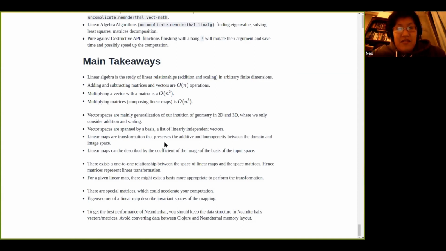A vector space is just a generalization of what you would think of as 2 dimensions and 3 dimensions, where we only consider addition and scaling. Vector spaces are spanned by a basis, so you can construct a vector space by defining the basis first, and the basis is just a list of linearly independent vectors.